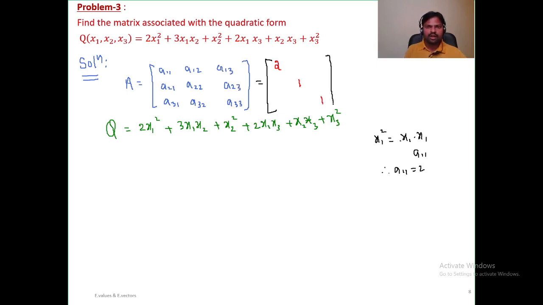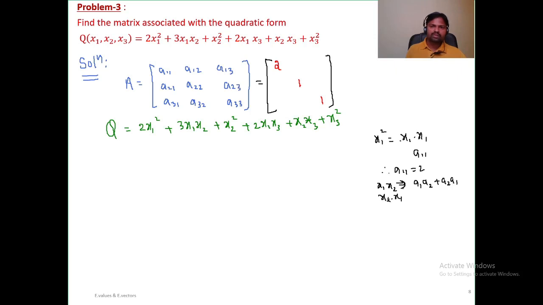Okay. Next, non-diagonal entries we have to calculate. Look at this, a12 plus a21. Now what is a12 plus a21? It is the x1 x2 coefficient, right? x1 x2 is nothing but a12 plus a21, whatever, because here x1 x2 or x2 x1 both are the same, right?